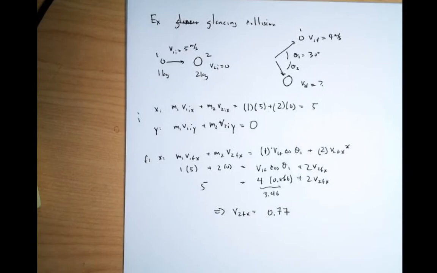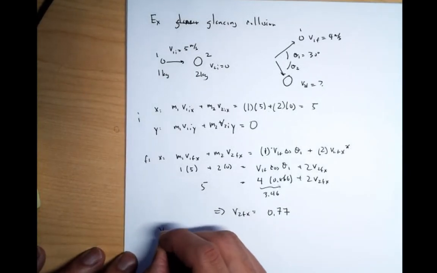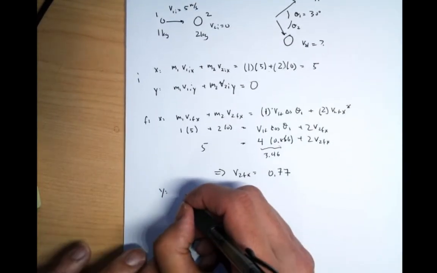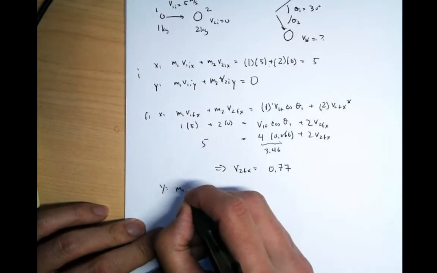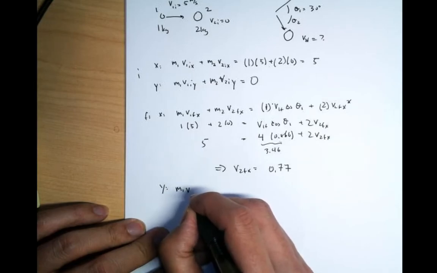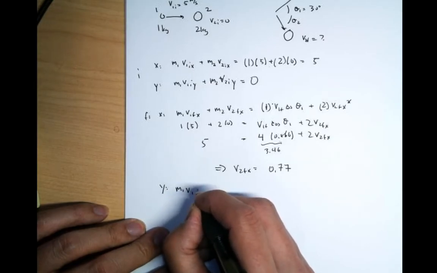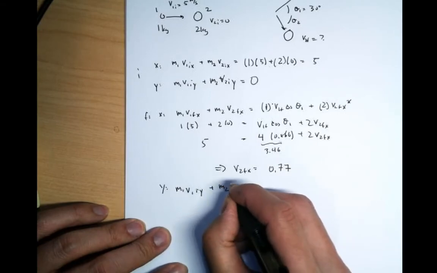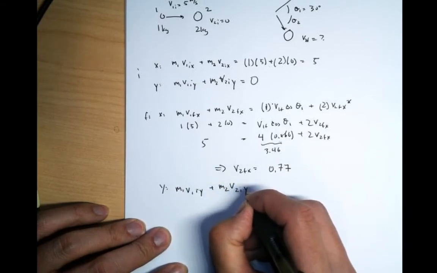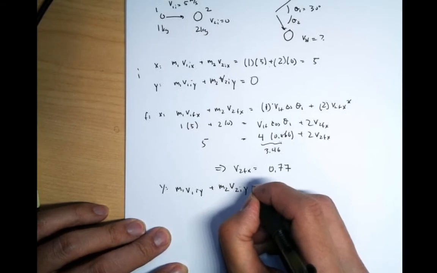Okay. Now let's do the y component here. So in this case, I have m1 v1iy plus m2 v2iy.